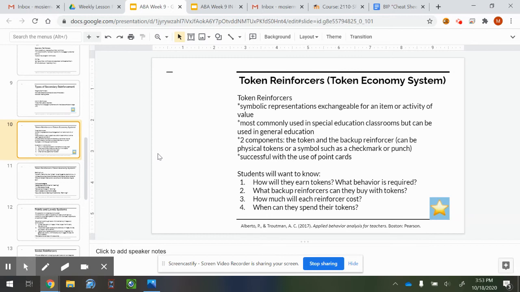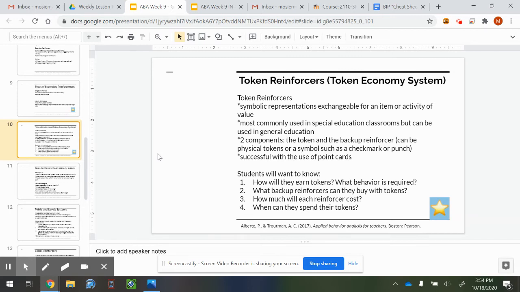In a token economy system, there are four questions that the students will want to know. The first one is how will they earn the tokens and what behavior is required. So make sure again that you're using contingent behaviors. If you do this, then you will get this. So the students know specifically what is expected of them and how they will earn the tokens. The second question students will have is what backup reinforcers can they buy with the tokens?